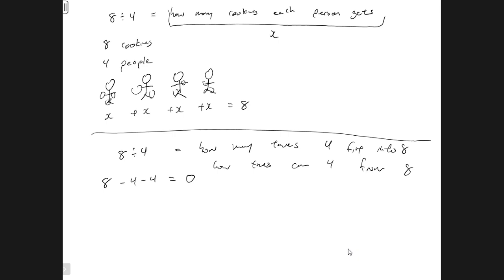And I can actually rewrite this as x times 4 is equal to 8, because remember what multiplying is. It's adding the number on the left, the number on the right times. So x times 4 is equal to x plus x plus x plus x. So now that I can rewrite this as x times 4, I can refer to my multiplication table.